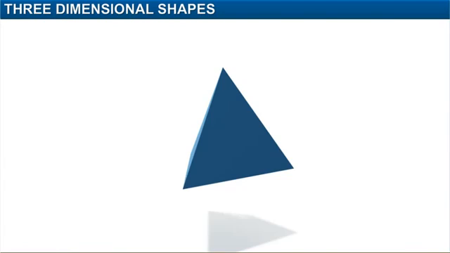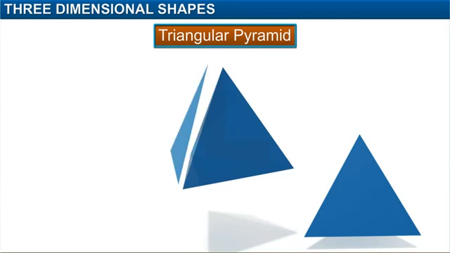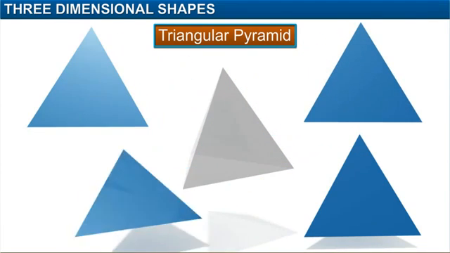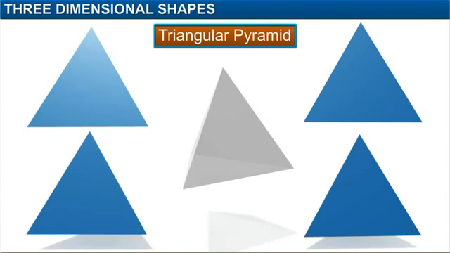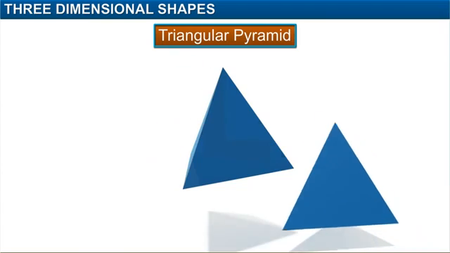Next, we will discuss another three-dimensional shape called pyramid. What we have here is called a triangular pyramid. It is formed with 4 similar triangles. One triangle forms the base, and the other triangles form the lateral surface.